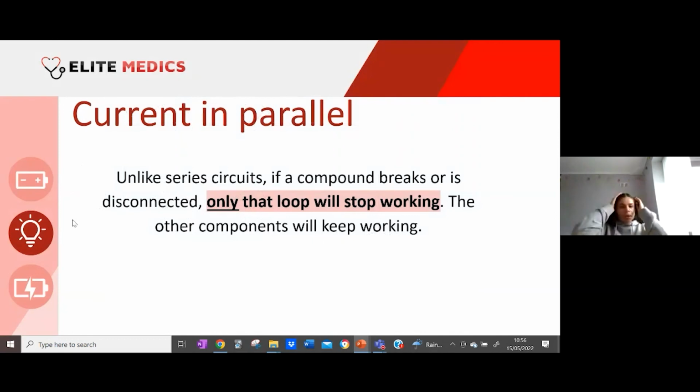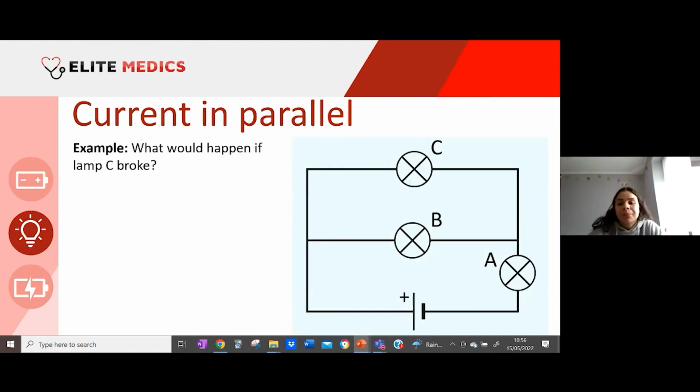So, unlike series circuits, if a component breaks or is disconnected, only that loop stops working, and everything else can keep working. So what would happen if lamp C broke? If you want to put it in the Q&A. So if this component broke, what would happen to B?